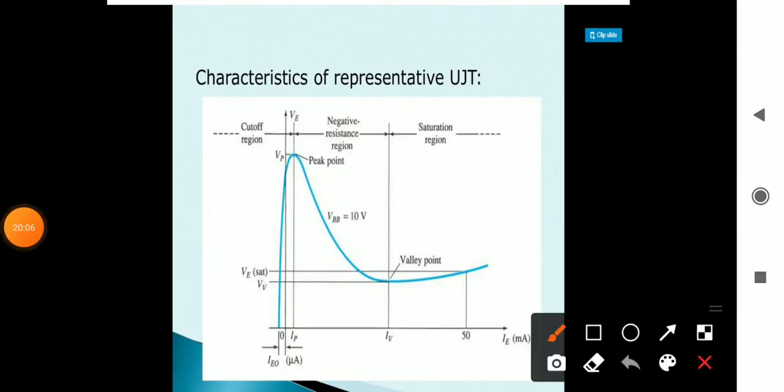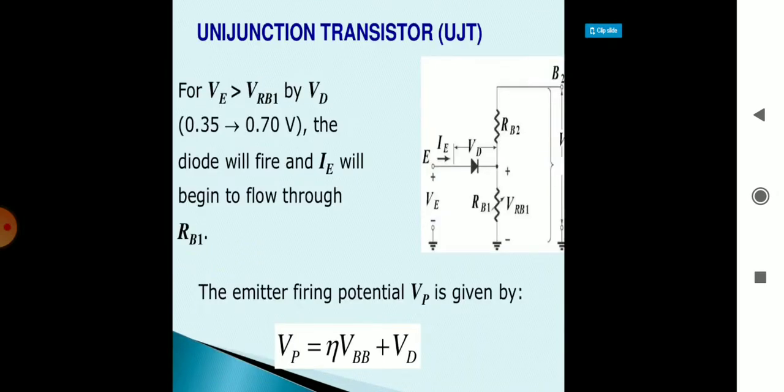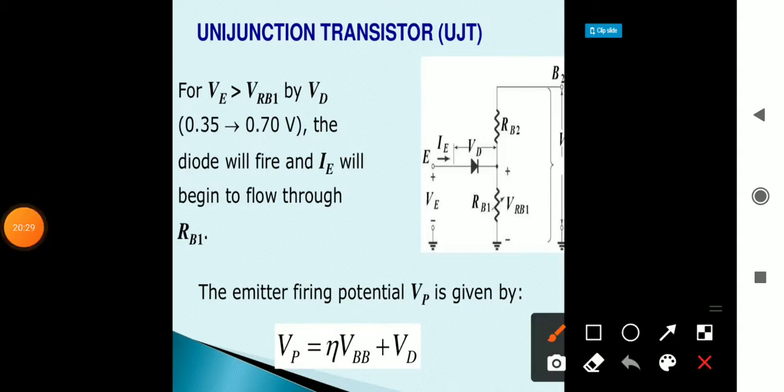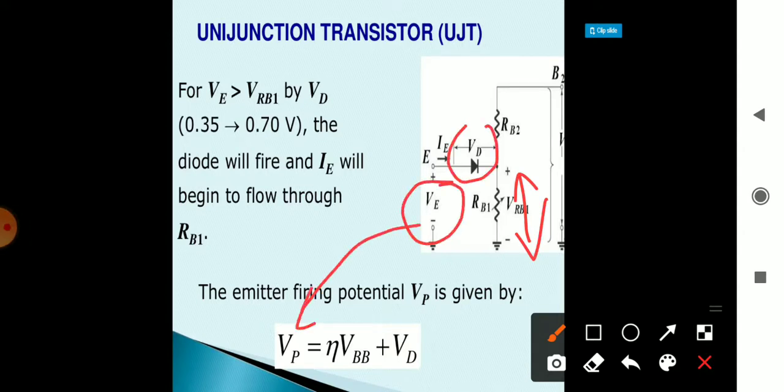Till I reach my VP, the UJT is not at all turned on. If the UJT is not turned on, because of the drop across the resistor RB1, that is VRB1, the diode is reverse biased, because VE has not reached the VP value.